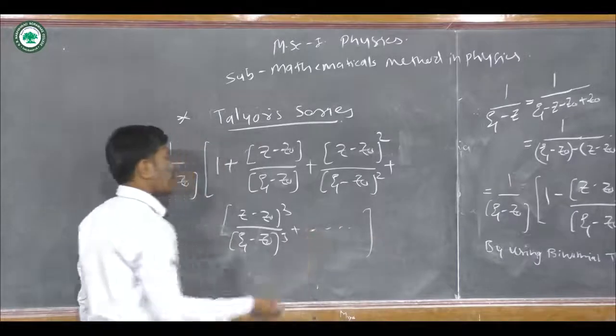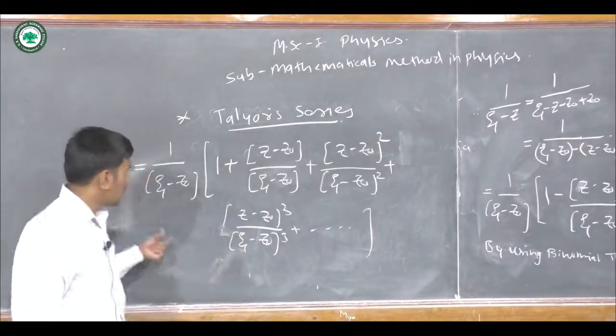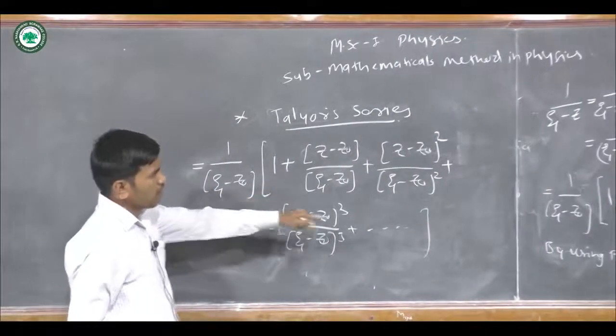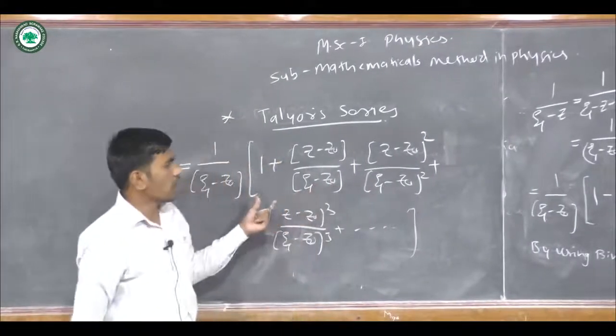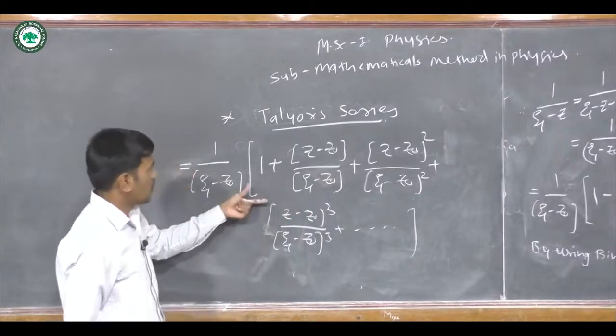Okay, you can find up to the n and then the n plus 1 like that. So after expanding this bracket using the binomial theorem or binomial series, we are having these expressions.